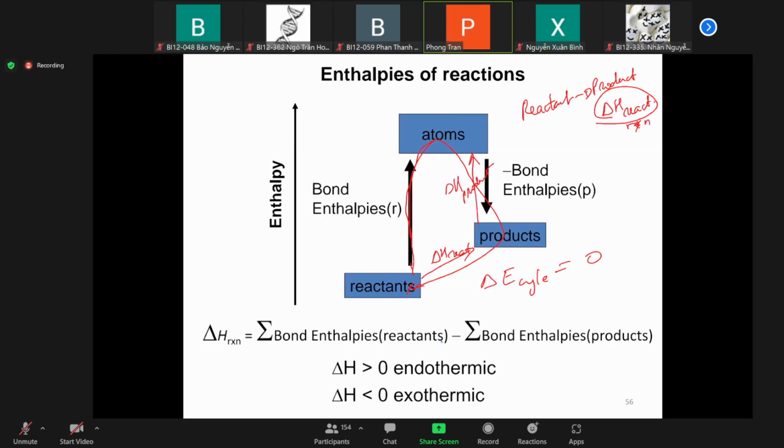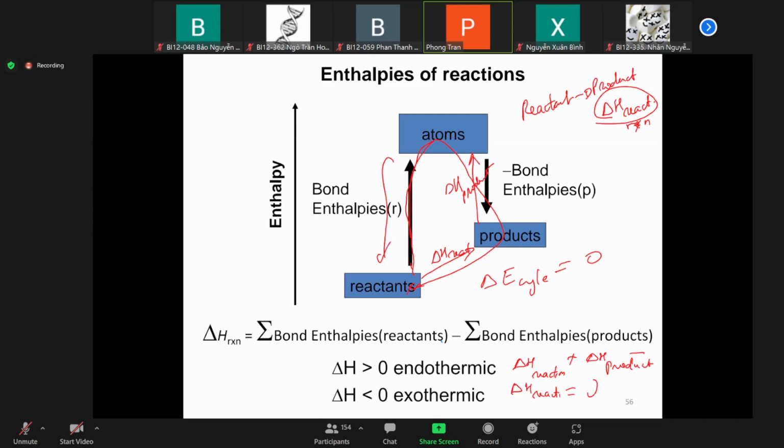So if you take one cycle equal to 0, that means you have delta H reaction plus delta H of the product minus delta H of the reactant. That means the inverse will be equal to 0.